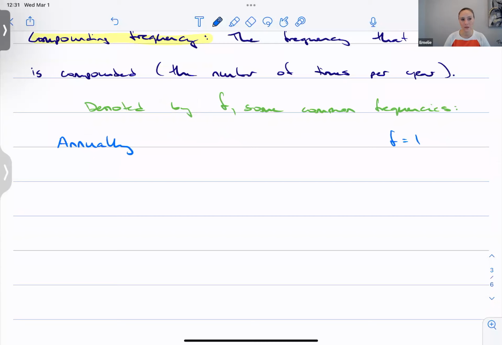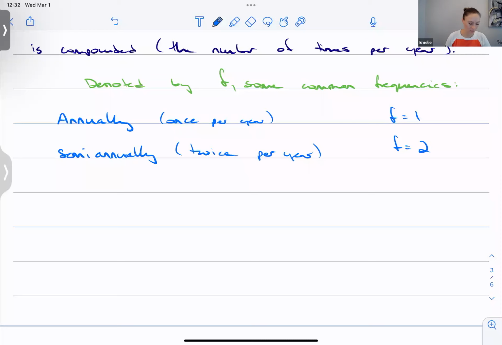Semi-annually means twice per year, which means F is 2.